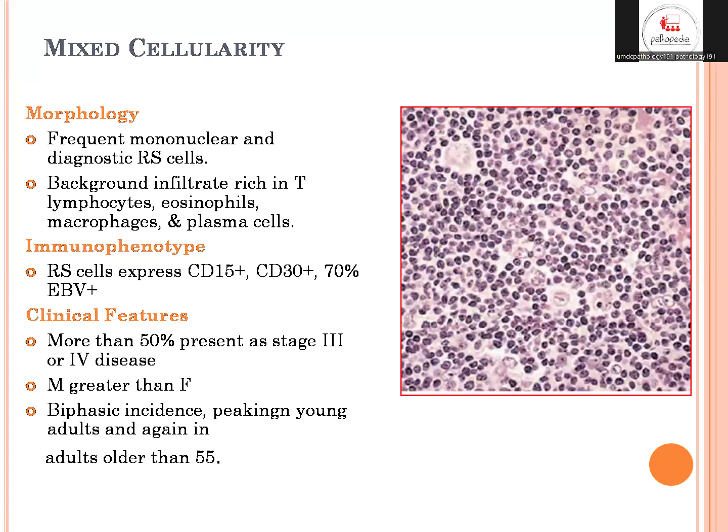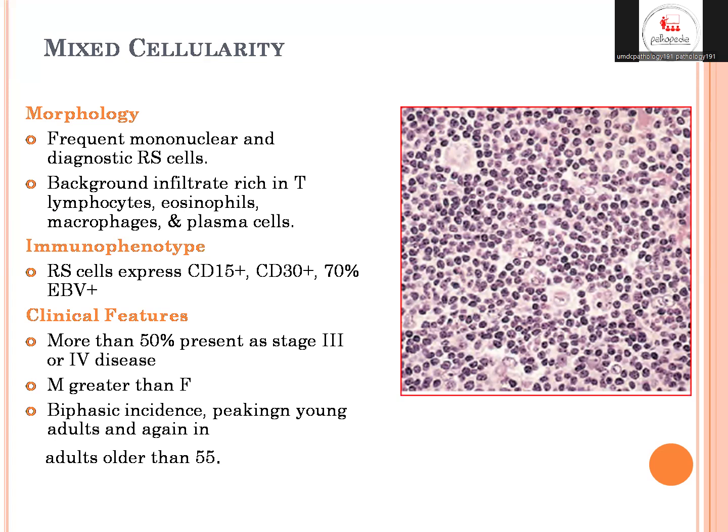The mixed cellularity type: the morphological picture shows frequent mononuclear and diagnostic Reed-Sternberg cells, and the background infiltrate is rich in T lymphocytes, eosinophils, macrophages, and plasma cells. On IHC, this shows CD15, CD30, and 70% EBV positive cells.